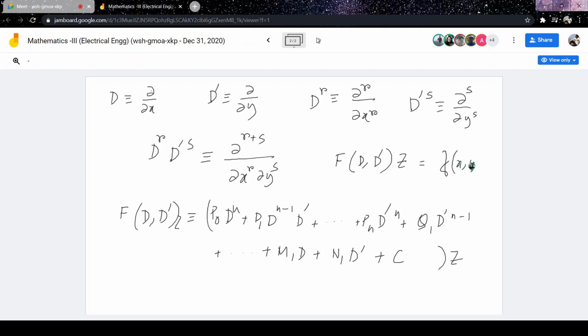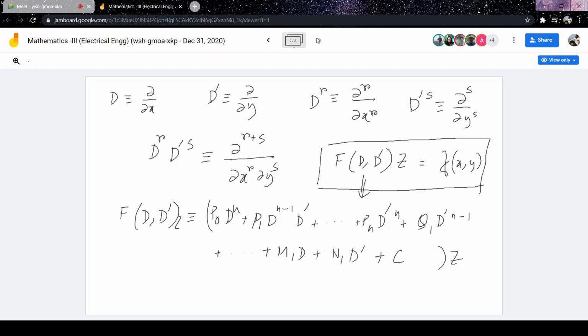So if your partial differential equation is like this, where this F(D, D dash) is what I have written, it may happen your sum of the constants may be 0, that means those differential coefficients won't appear in the equation. And you remember in ODE, your left hand side was the differential operator, and right side there was a function in only x. Here independent variables are x and y, so you will have a function in x and y.